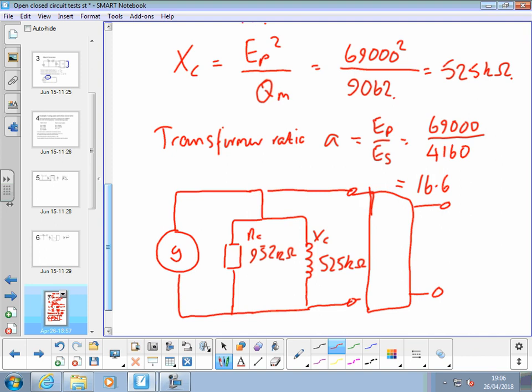So that would model that transformer's open circuit behaviour.